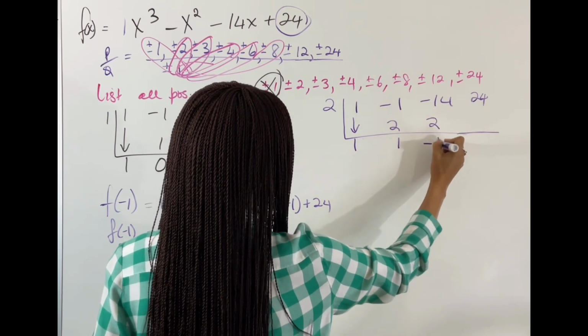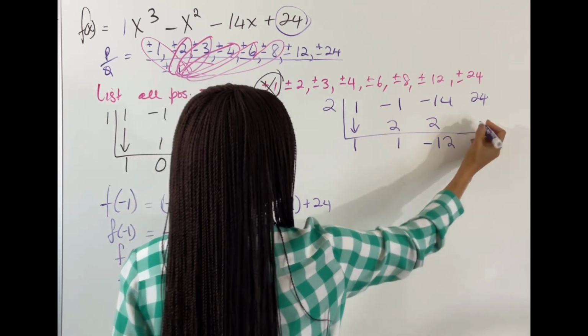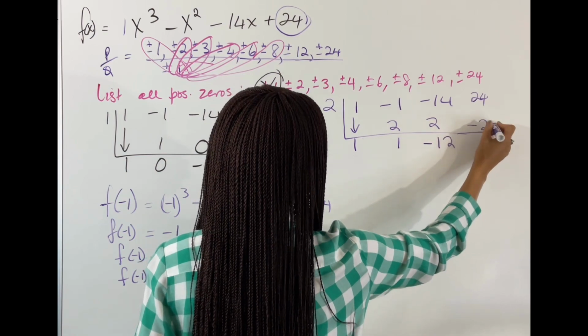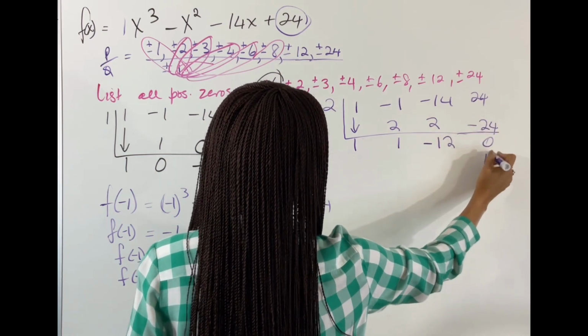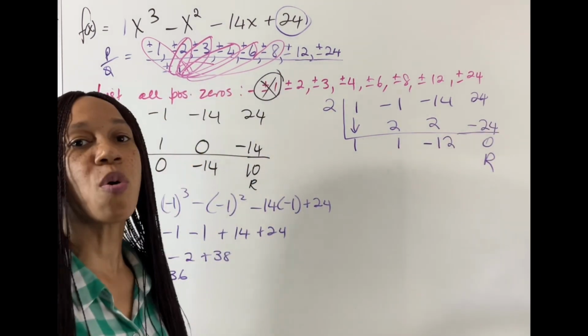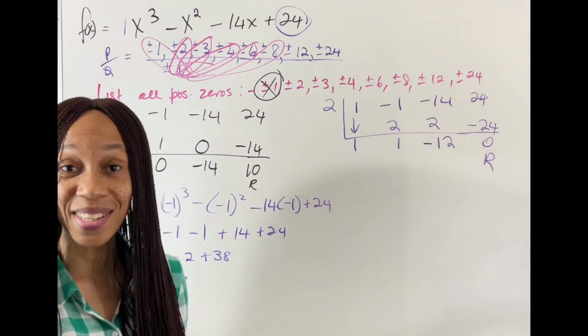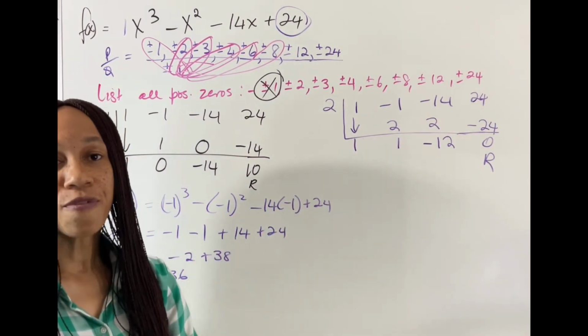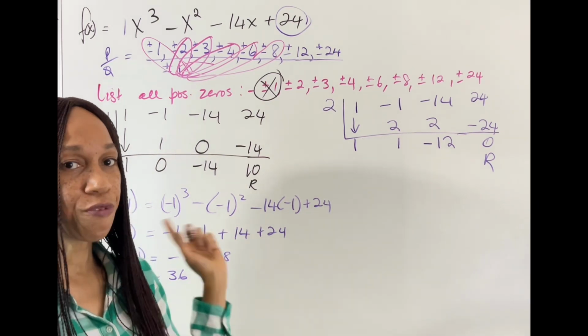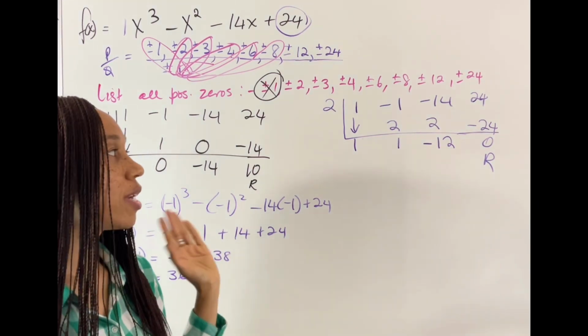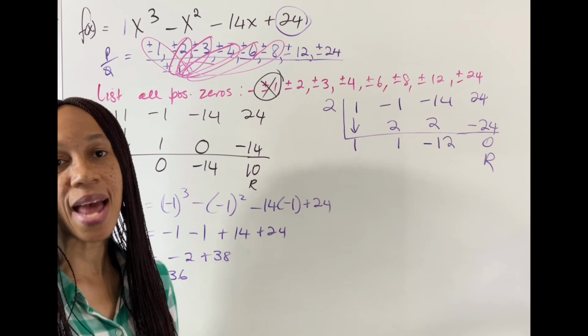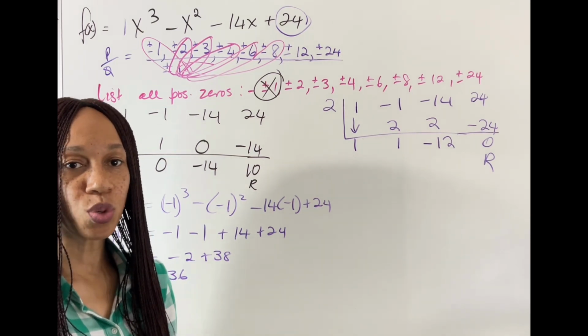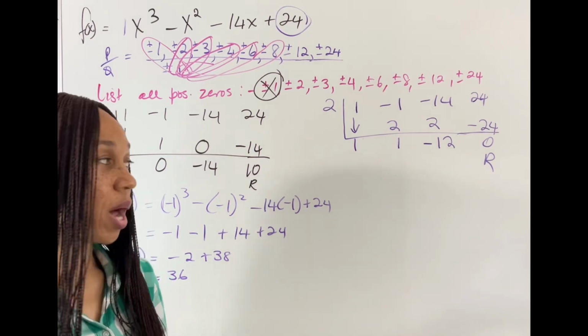We add this, we're going to get -12. 2 times -12 is going to be -24. And our remainder there is 0. So since our remainder is 0, we can now state that 2 is one of the possible zeros for this polynomial. And also we can further state that x minus 2 is a factor of the polynomial.